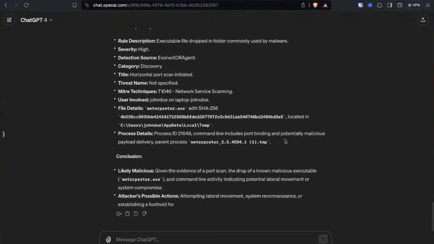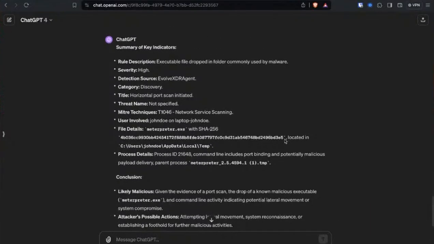And you can see straight away, it's not a massive JSON blob, it's pulling out key information that the SOC analyst needs. Things like: executable file dropped in a folder commonly used by malware. Severity is high. The detection was from the Evolve XDR agent running on a host. The category is discovery.